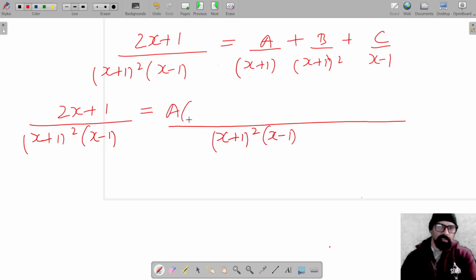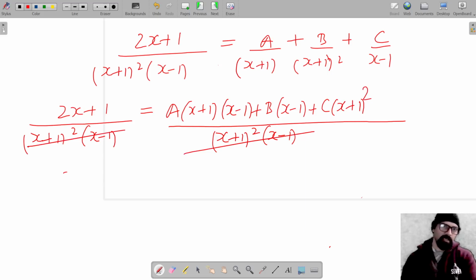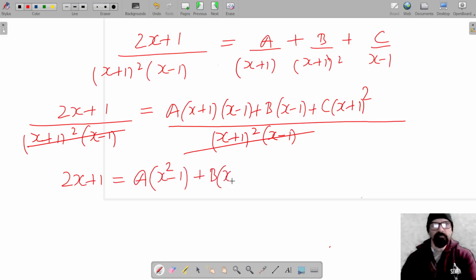x plus 1 the whole square into x minus 1 as the LCM. So which gives me a into x plus 1 into x minus 1 plus b into x minus 1 plus c into x plus 1 the whole square. So we can strike this off. And finally, we have 2x plus 1 is equal to a into x square minus 1, plus b into x minus 1 plus c into x plus 1 the whole square.